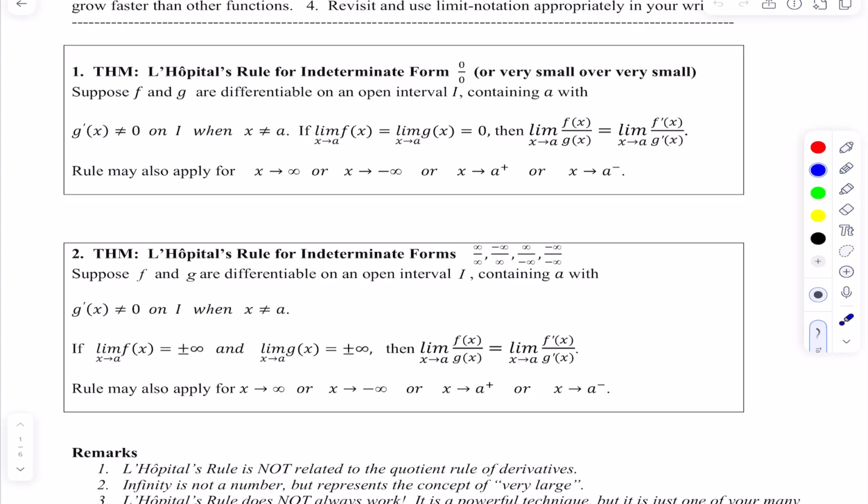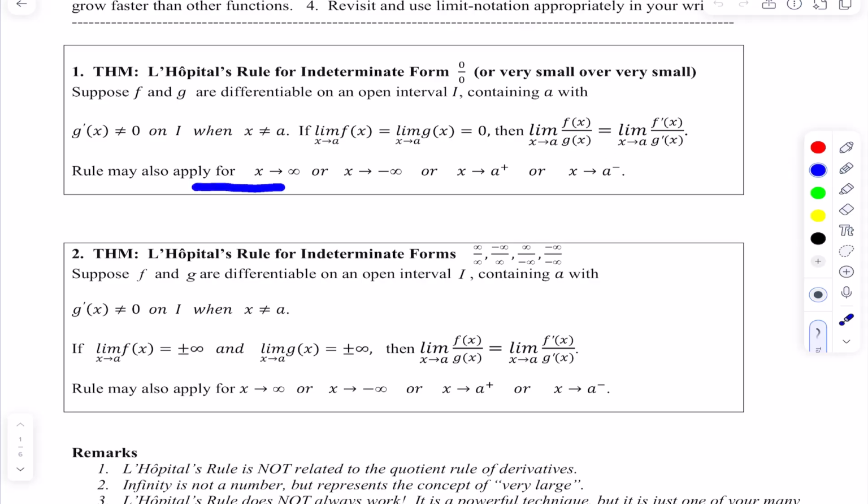So L'Hopital's rule says this: if f and g are differentiable on an open interval I, which contains a, with the denominator not equal to 0, and if you look at the form of the numerator and the form of the denominator, and they both get close to 0, then L'Hopital's rule says you could try to simplify this limit by analyzing the derivative of the numerator over the derivative of the denominator, and then try to take the limit.